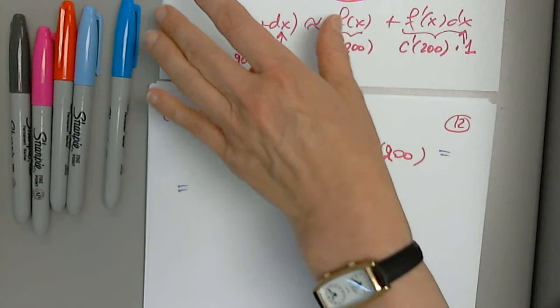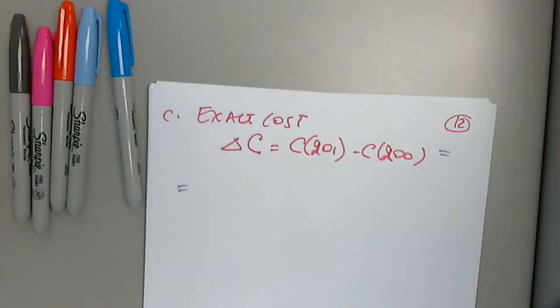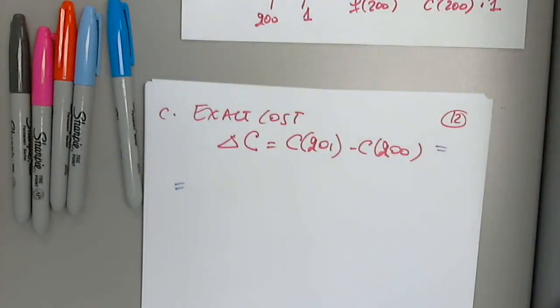Okay, so let's put the cost function in the graphing calculator. 0.0005 x cubed minus 0.1 x squared plus 12x plus 1200. So I will have to show what is 201 and 200.